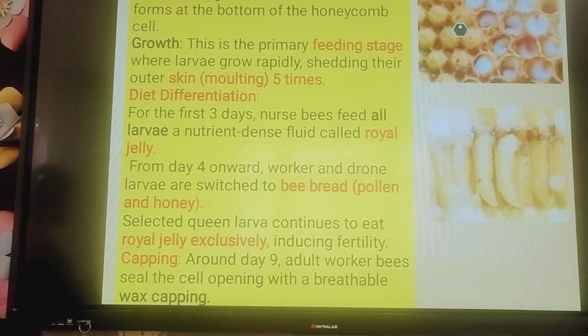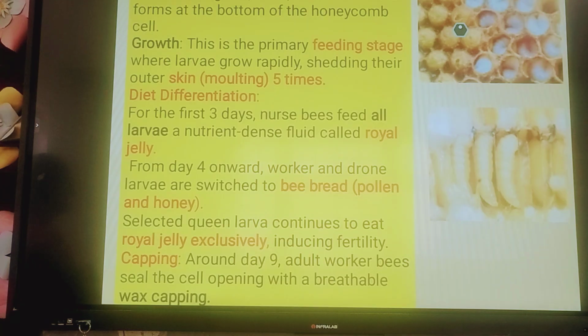Next is the larva stage, which takes about 4 to 9 days, and these are legless, blind, white, worm-like forms which are present at the bottom of the honeycomb cell. This is mainly the primary feeding stage, where larvae grow rapidly and shed their outer skin, molting 5 times.